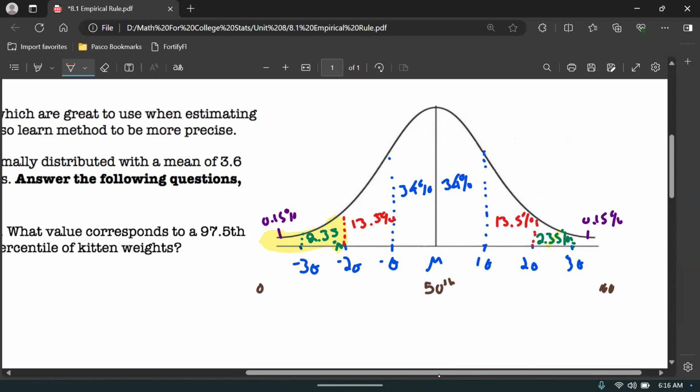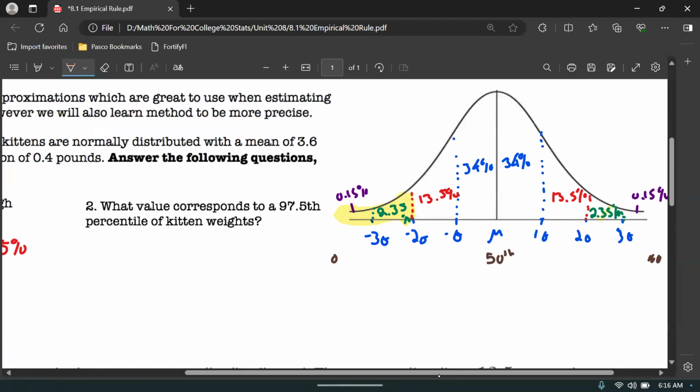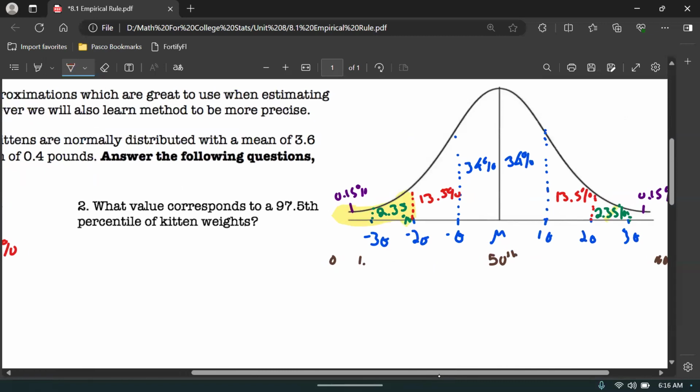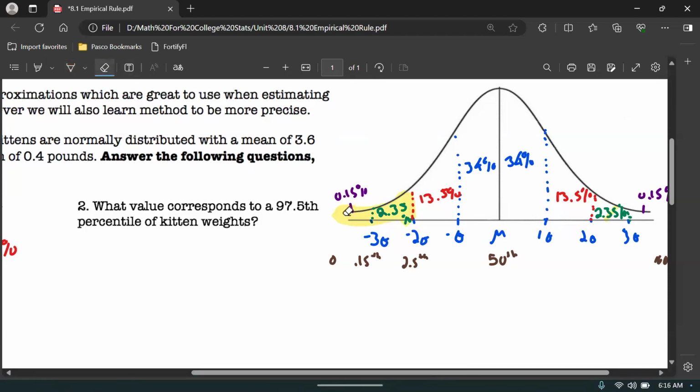So if you go to 0.15%, we're going to add these up as we go to the left. So this will be the 0.15 percentile at the 3rd standard deviation. This will be the 2.5th percentile, right? We're kind of adding them up, like I said, we're adding up as we go. Let me erase the yellow here because we don't need that anymore.